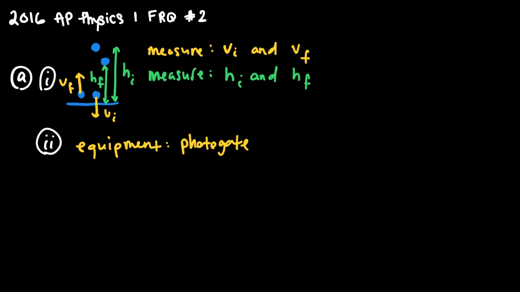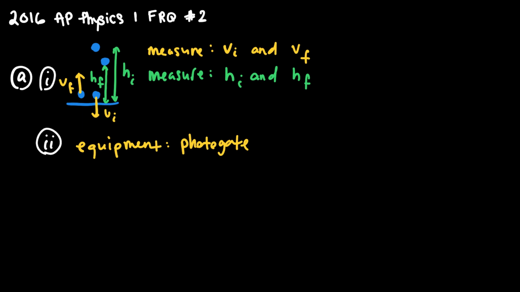A couple of things that we need to be careful of: we need to make sure that the photogate is not so low to the ground that we're messing up the measurements that we're getting. The photogate would need to be at least as high up as the diameter of the ball, so that the ball can come down, pass through the photogate, hit the floor, and the photogate is not detecting it anymore before it bounces back up and blocks the photogate again.